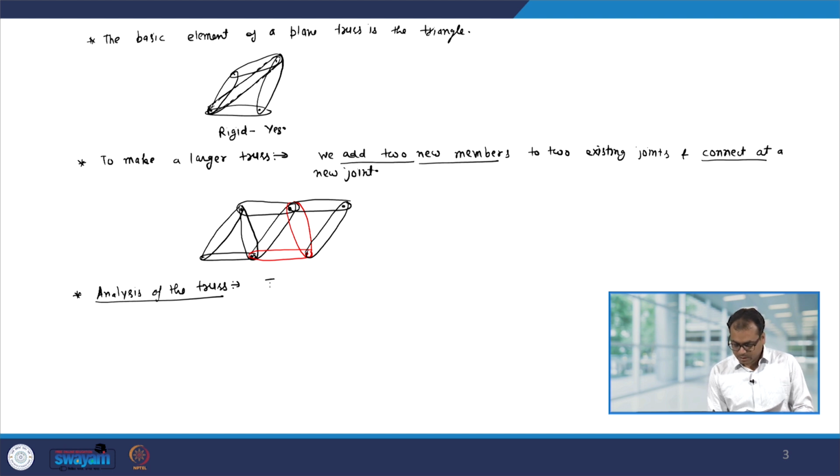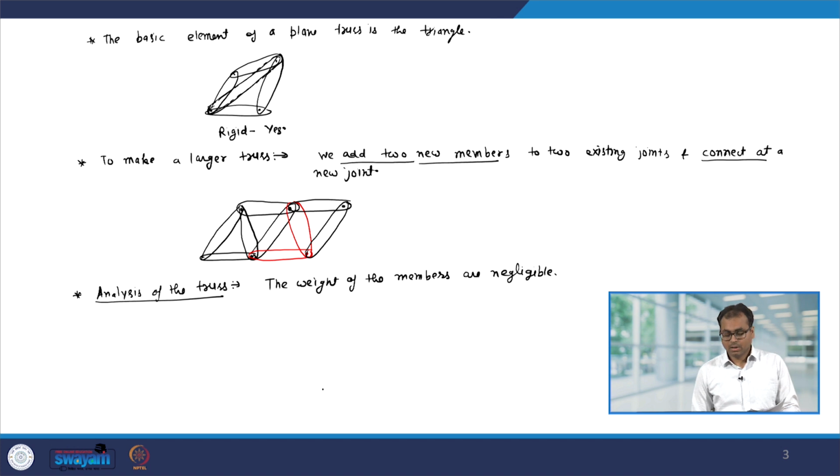assumption will be the weight of the members is negligible. We will not consider the weight of these members because they will support much larger weight than their own weight.